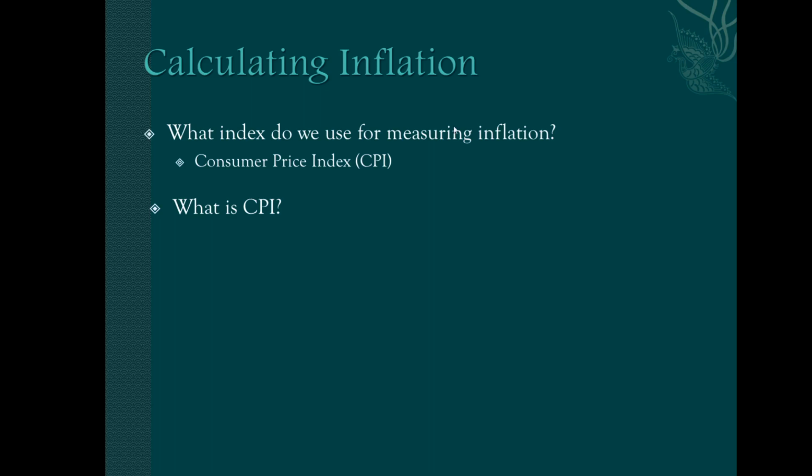If you look at the term, by the words, what do you think? Raphael got the right idea already. Exactly, the cost of living, the cost of living for a typical household. So this is what we are looking at.